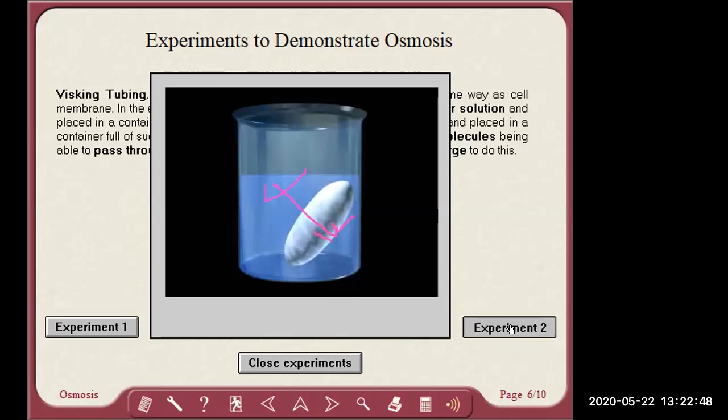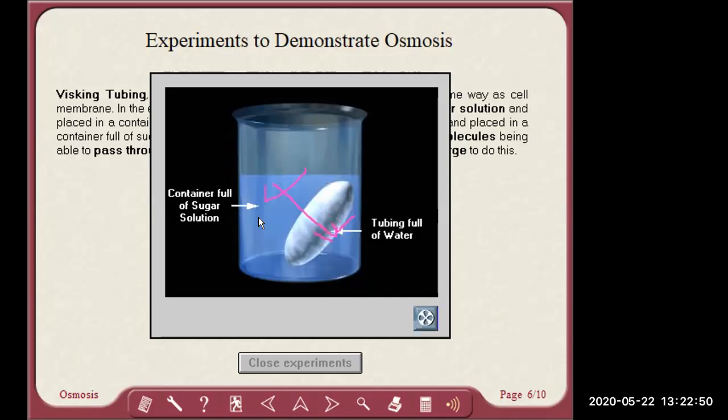Okay, look at the second experiment. It's the opposite of what happened. Over here, we have the sugar now, so that is full with sugar.